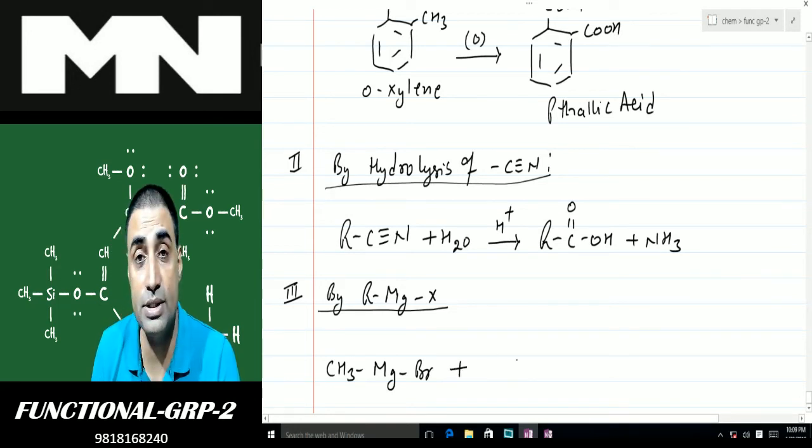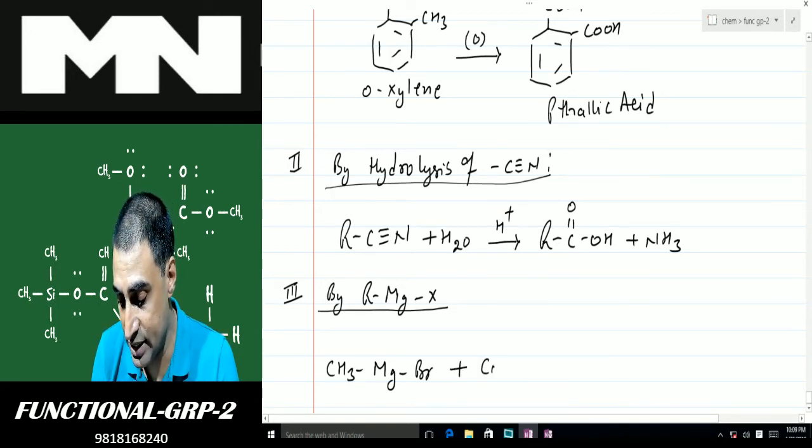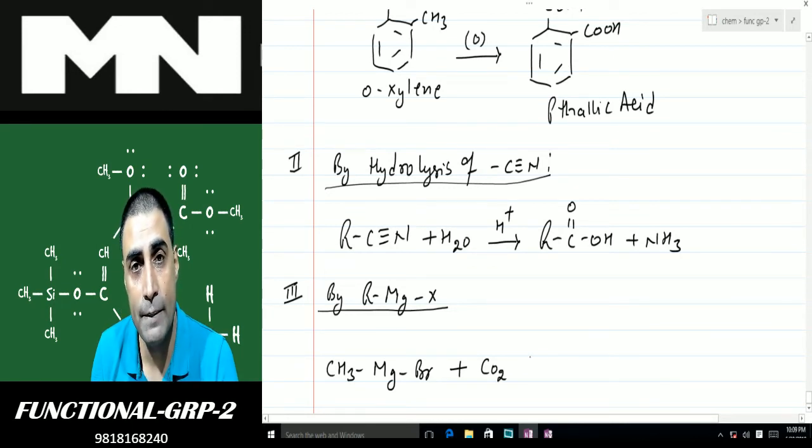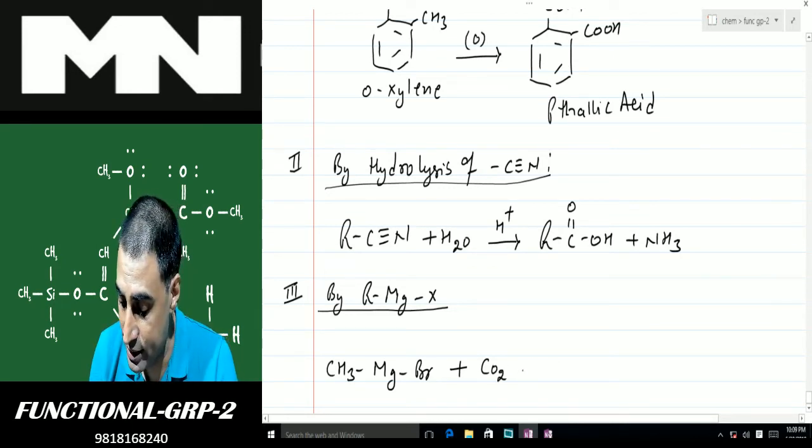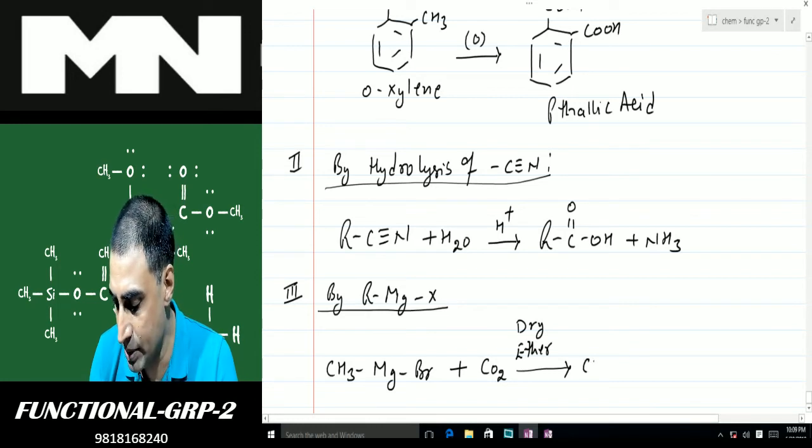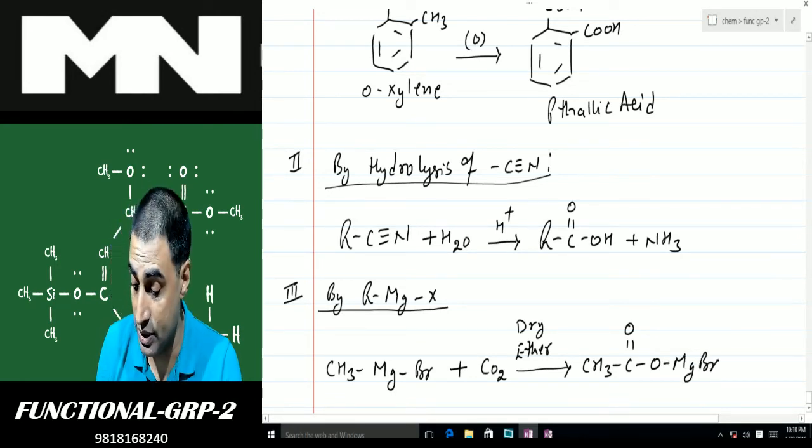Add some dry ice to that, that means you are adding CO2. The CO2 will get added to this. The reaction will occur in the presence of dry ether. You will get compound CH3COOMgBr. This is the addition compound you will get.